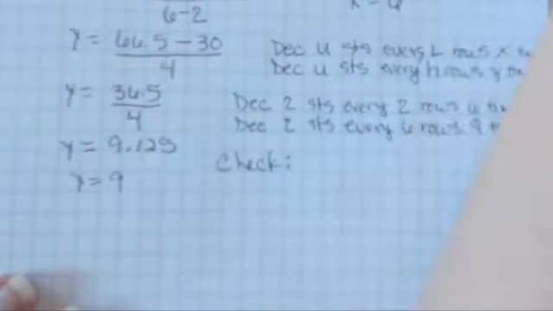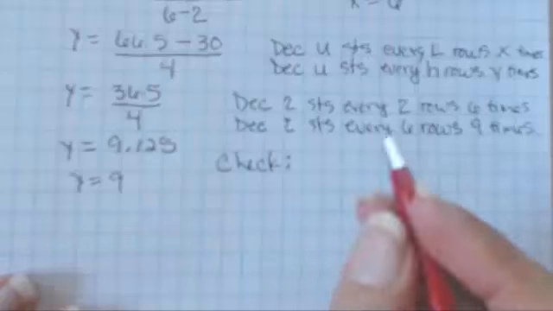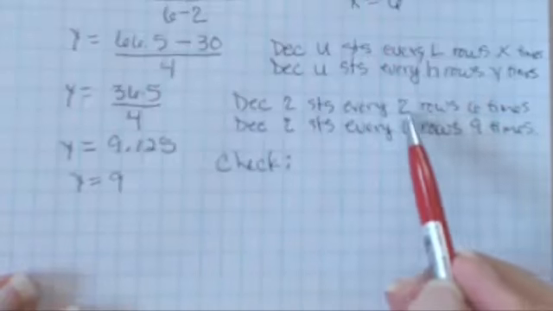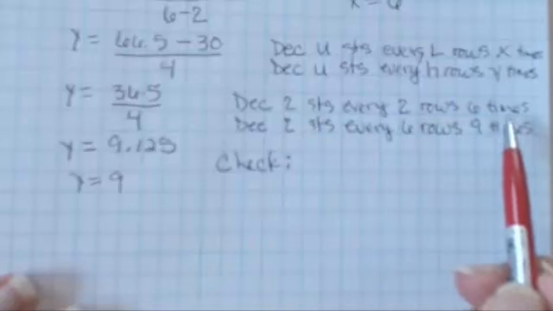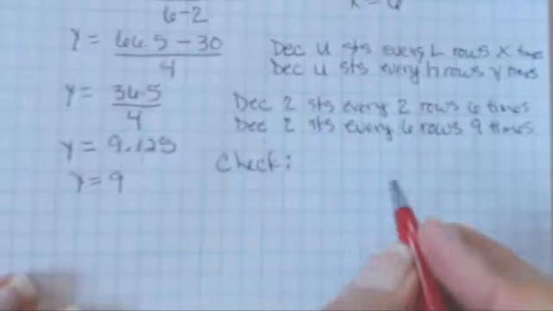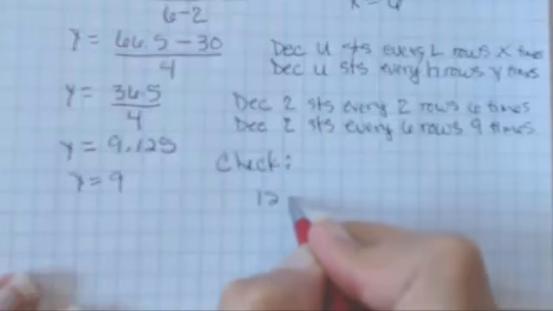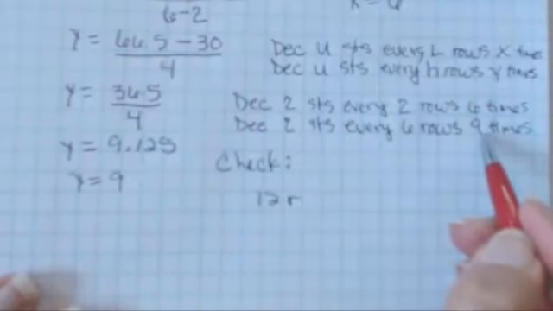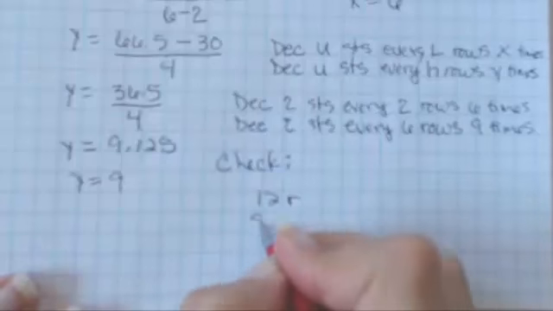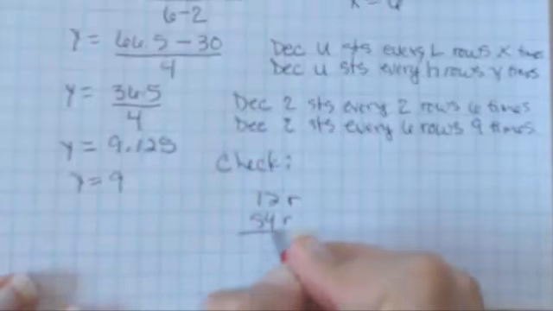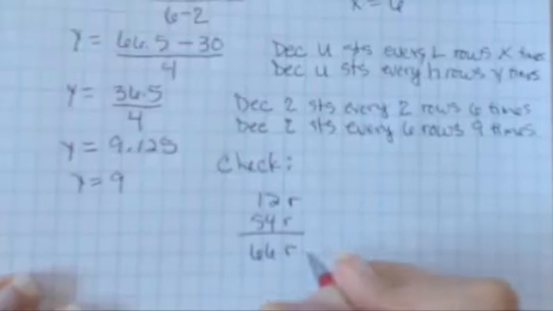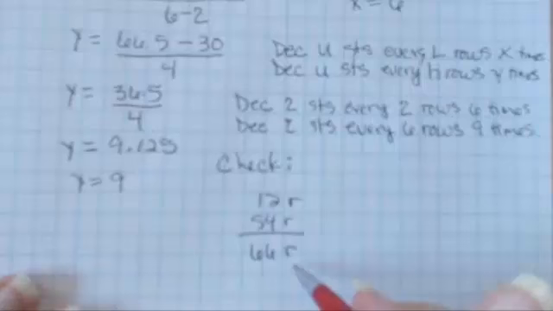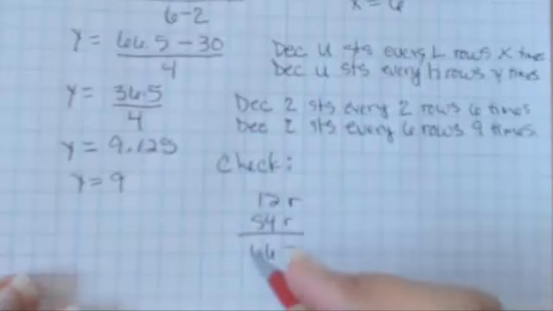So let's see what happens. We've got our rows. So we've got 2 rows 6 times. That's 12 rows. And 6 rows 9 times. That's 54 rows. 12 plus 54 is 66 rows. So we are actually going to work a total of 66 rows for our shaping, not 66 and a half.